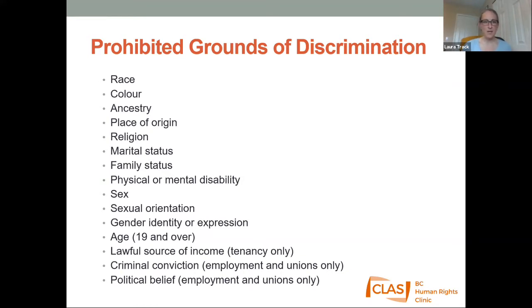And you can see the list there. You can also see towards the bottom how some of the protected characteristics only apply in certain areas. So for example, we're only protected from discrimination on the basis of our political beliefs in the context of our jobs. That protection doesn't apply in the context of access to services.